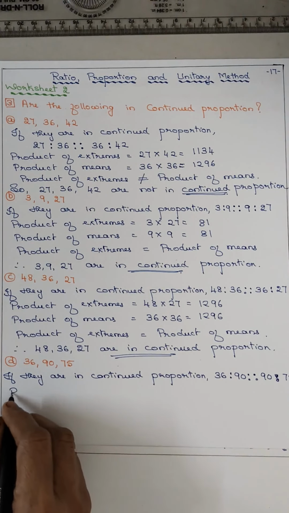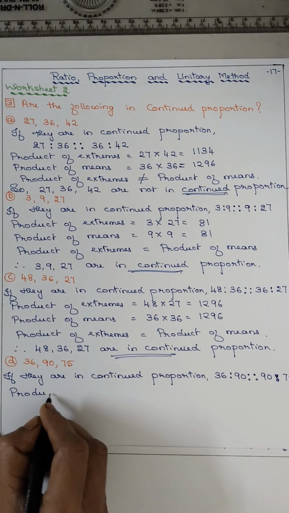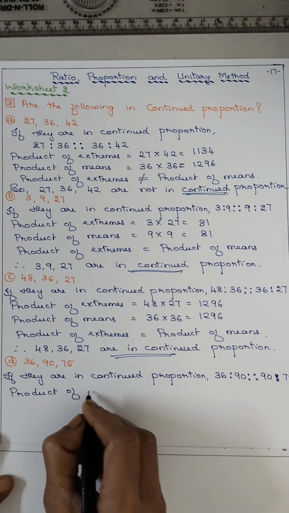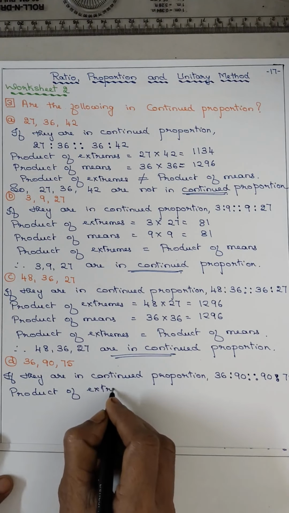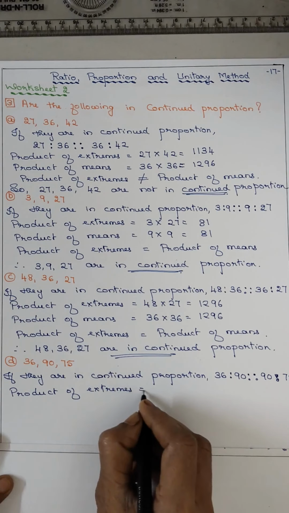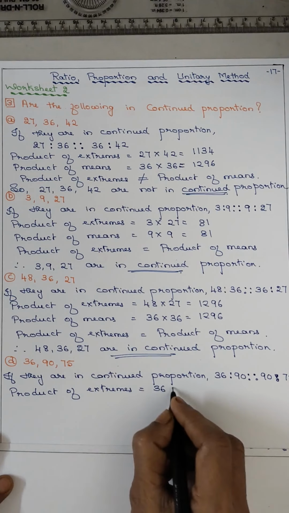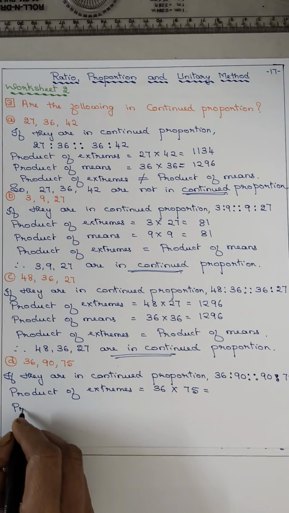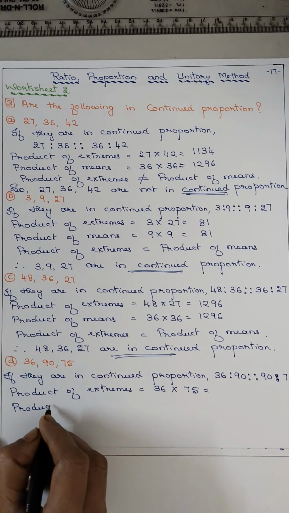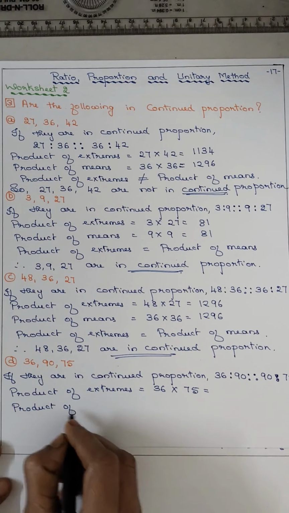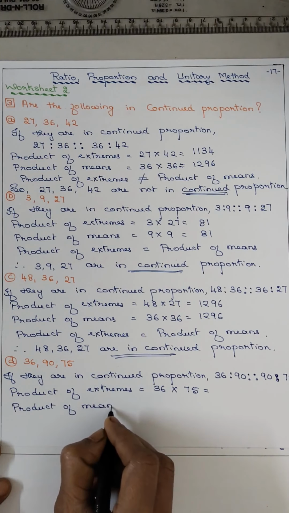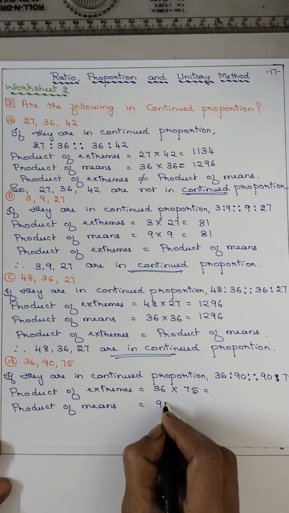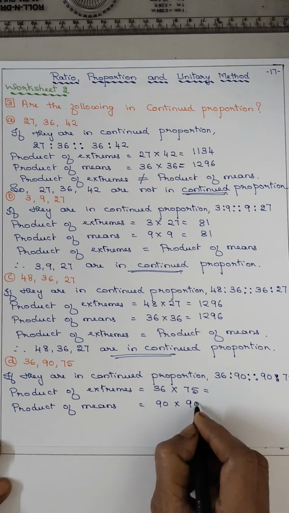Now product of extremes, first into last, product of means, that is second and third.